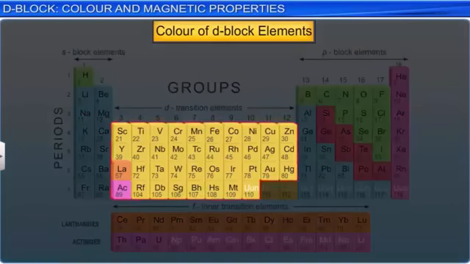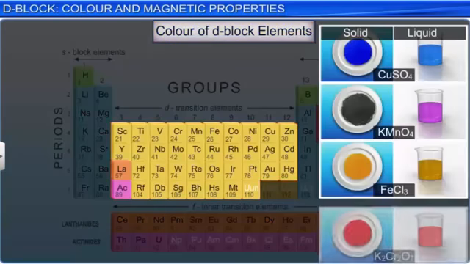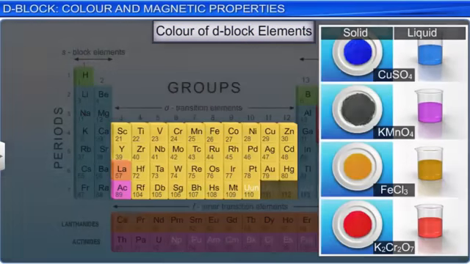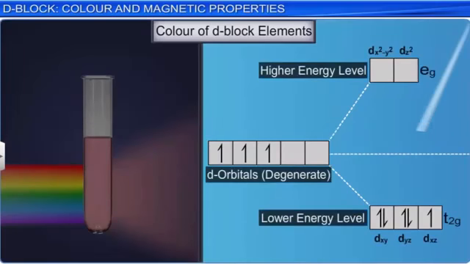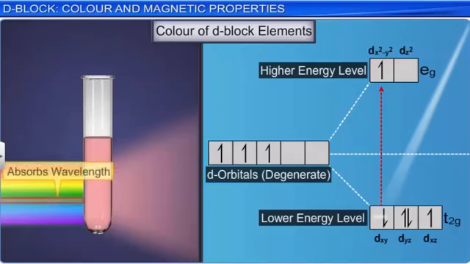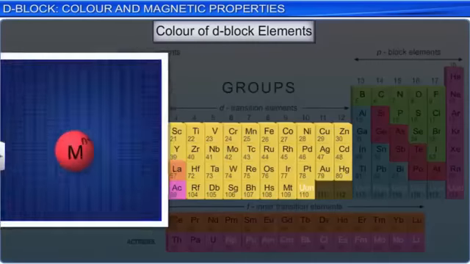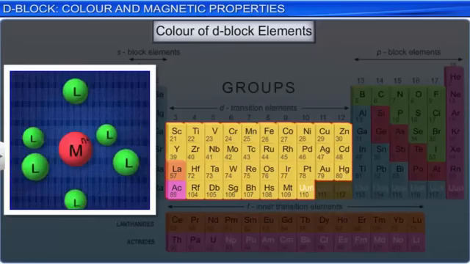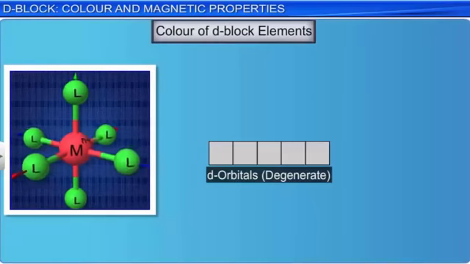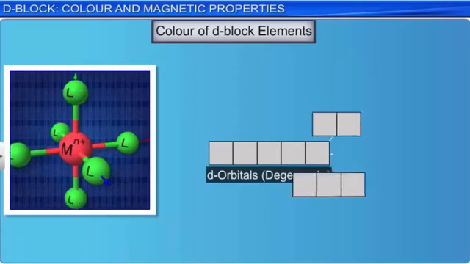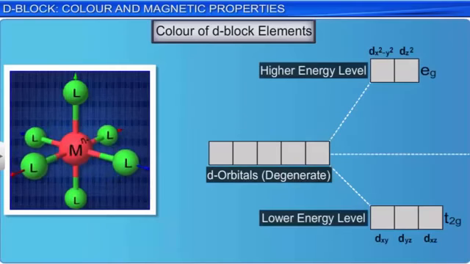Most d-block metal compounds are colored in their solid or liquid states. Color is associated with the ability of a compound to promote an electron from one energy level to a higher energy level. In the case of transition metal ions, under the influence of ligands, the degeneracy of the 3d orbitals is lost and they separate into two distinct energy levels.